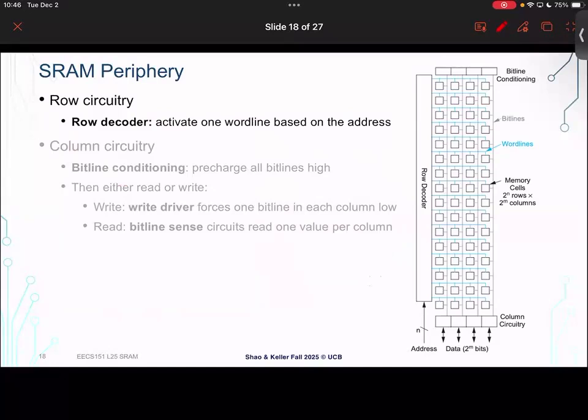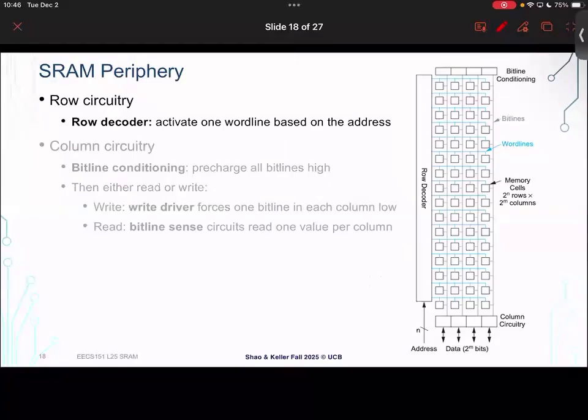Compare this with a flip-flop, which is standalone. You don't need any special circuitry to read or write a flip-flop. It's all baked into the flip-flop itself. With an SRAM, you would never see a bit cell by itself in a design. It's useless. You need the periphery in order to use it.